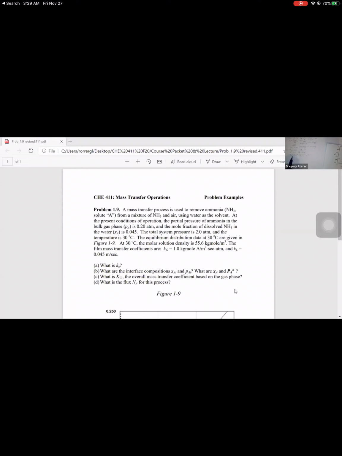You know that these two fluxes have to be equivalent to one another. So when we put this through, we'll get a minus just by equating the two.